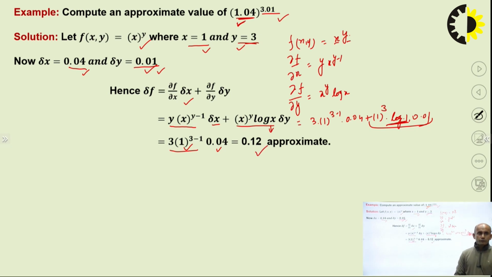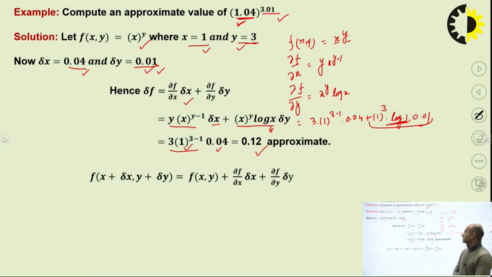But here we have to find the approximate value of the given expression, which is 1.04 whole power 3.01. Now the value of this function will be f(x plus delta x, y plus delta y). So the approximate value of this function will be f(x,y) plus the approximate error in that function, which is delta f.